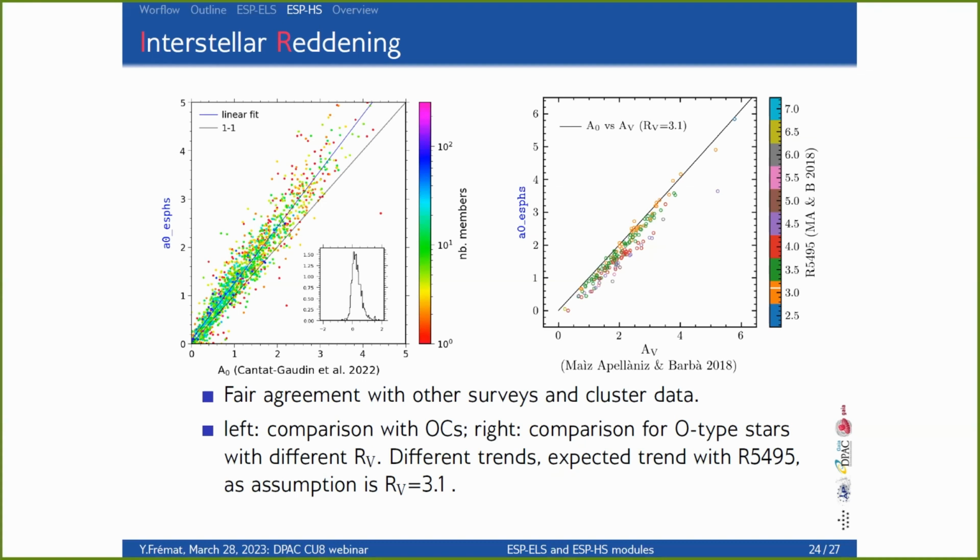This explains why I use this color coding, which represents the value of the extinction factor derived by Maíz Apellániz. We see that the agreement is directly dependent on this value of the extinction factor.